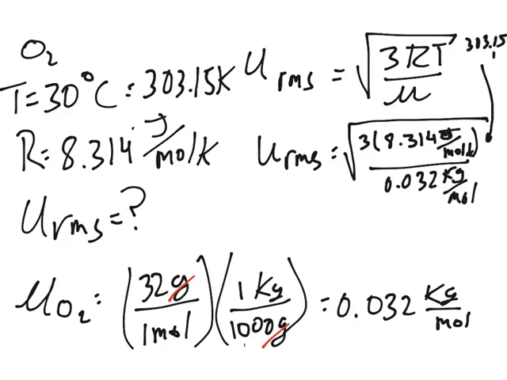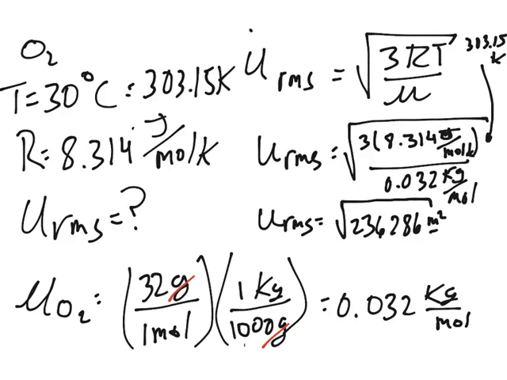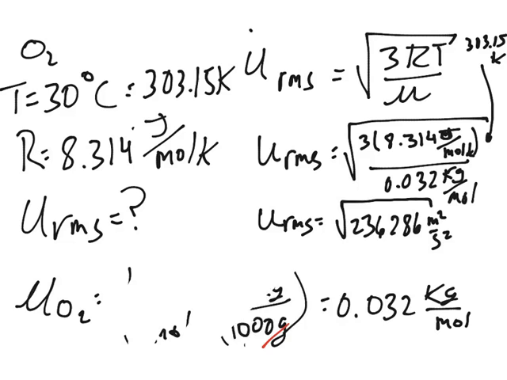And I get the square root of a very big number, 286 meters squared per second squared.